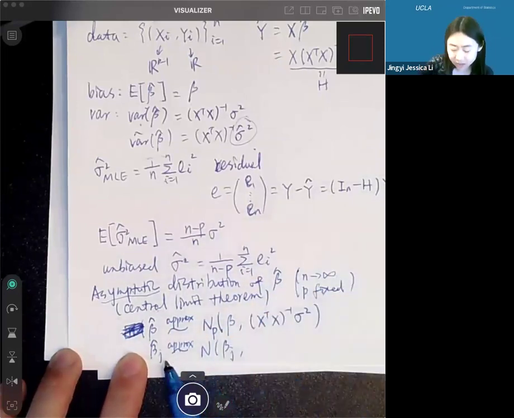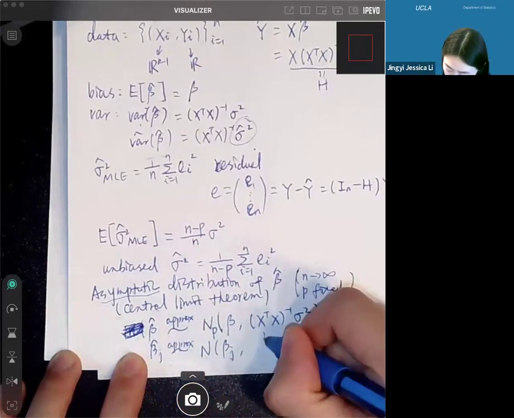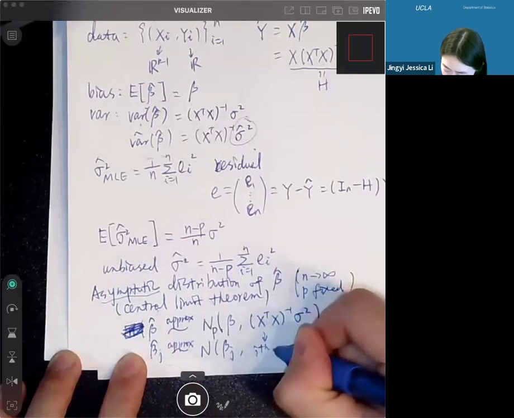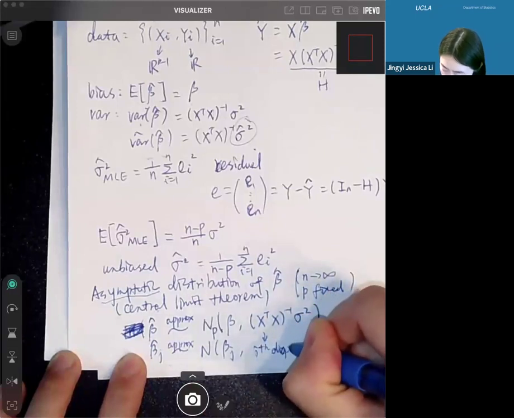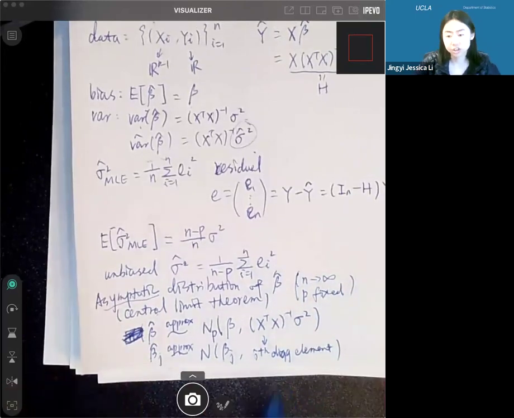And the variance for beta hat j is just the jth diagonal element of this matrix. That will become its variance.